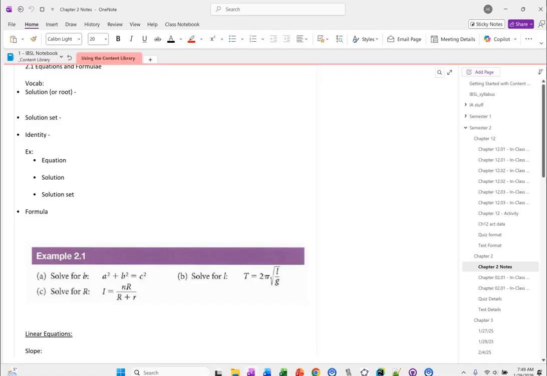An identity. What do we mean by an identity in mathematics? It's a statement that's always true, right? Give me an example. Sure, 1 equals 1.